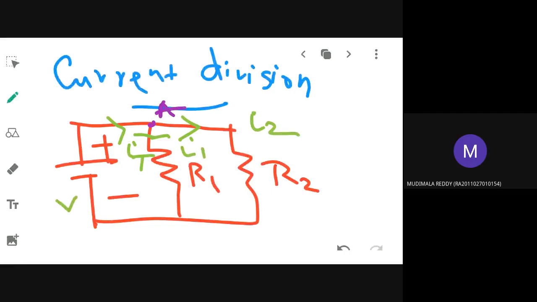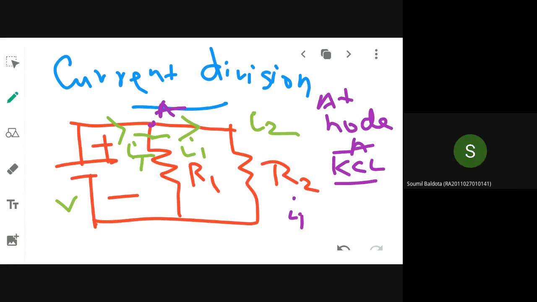So at node A, IT is equal to I1 plus I2, because IT is the incoming current, and I1 and I2 are the outgoing currents.